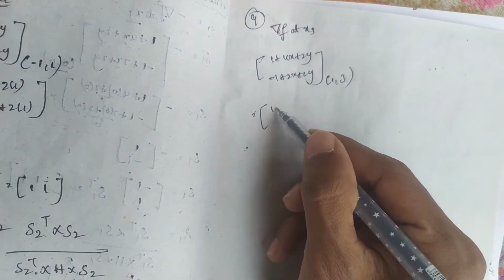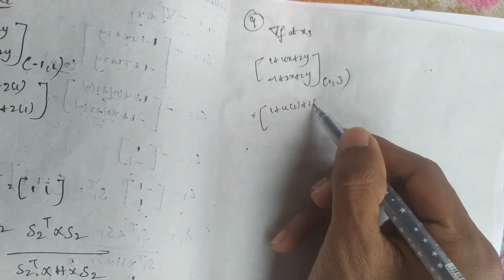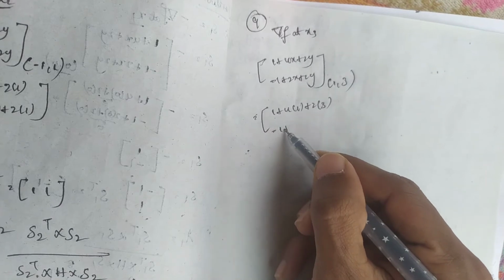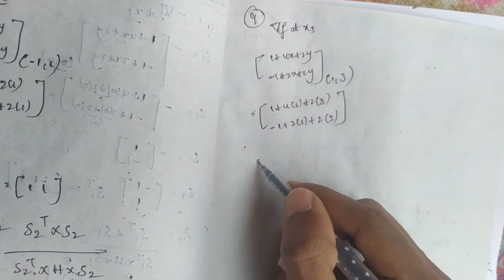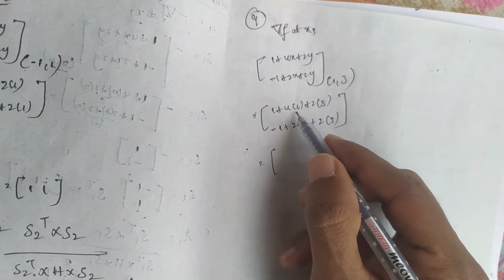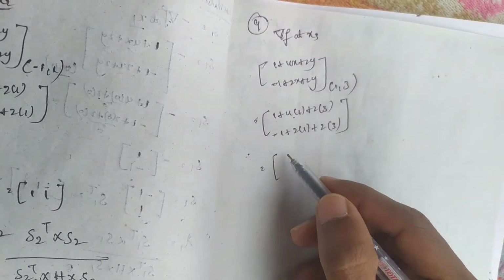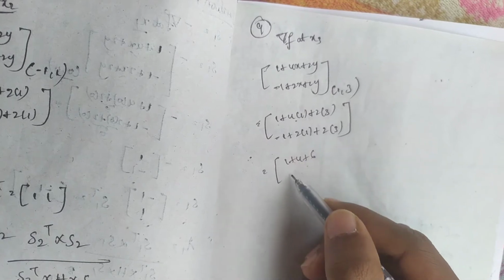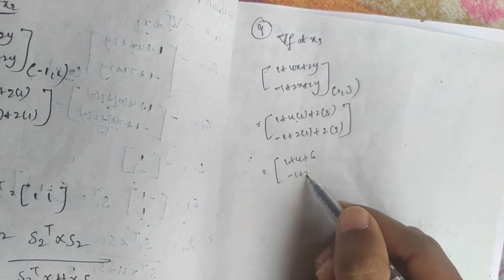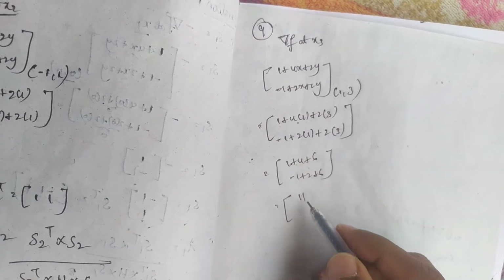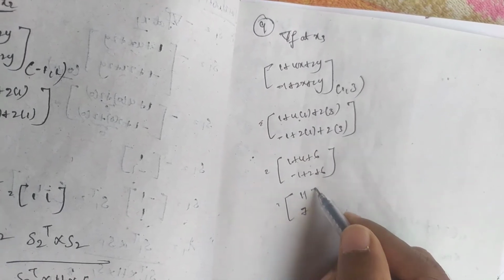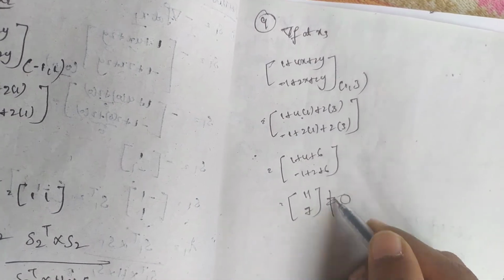That means 1 plus 4 of 1 plus 2 of 3, minus 1 plus 2 of 1 plus 2 of 3. We get 1 plus 4 plus 6, minus 1 plus 2 plus 6. We get the value 11, 7. Here the optimality is not equal to 0.